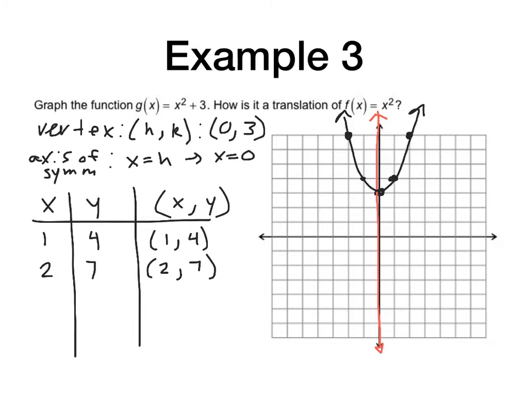How do you think this is a translation from the parent function, x squared? Remember, our parent function looks like this, just at 0, 0. It just went up. It went up how many? 3. 3, exactly.